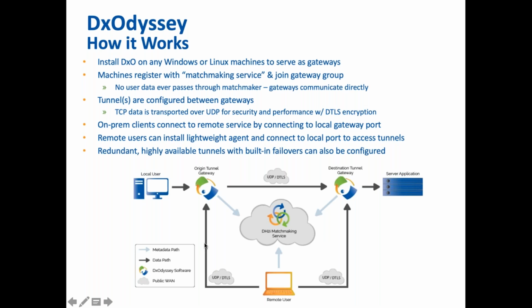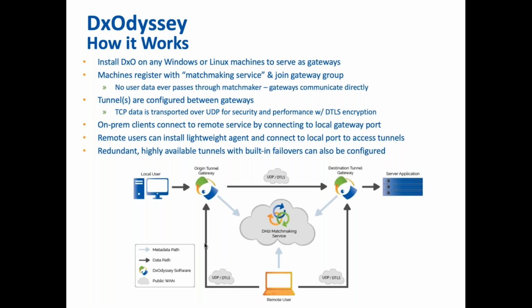Before I dig into this next one, just a little bit of background. DH2I as a company has a pretty extensive history going back nine or ten years now in the high availability space. The final piece here is that we have applied that background to our networking solution.